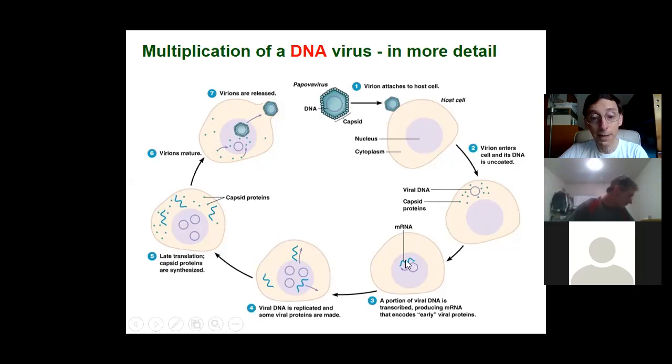And the viral DNA can be transcribed. The viral messenger RNA comes into the cytoplasm, and they will be translated into the viral proteins, such as the capsid proteins. In the meantime, the viral DNA in the nucleus can be replicated, and then the viral DNA can assemble into new virions.